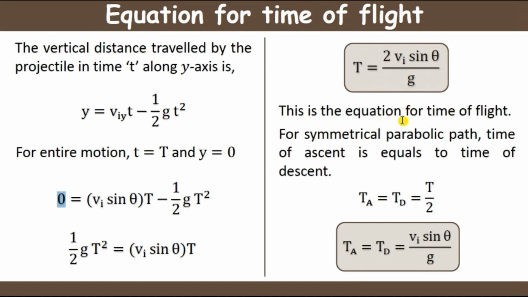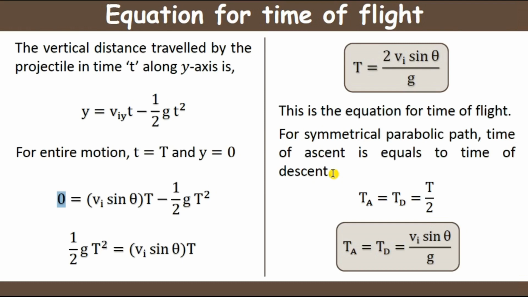Now this is the equation for time of flight. For a symmetrical parabolic path, the time of ascent is equal to the time of descent, that is, the time at which it is going to reach the maximum height and the time it takes to come from the maximum height down. Both of them should be equal to each other. So when you are trying to find either the time of ascent or the time of descent, then it should be half of the time of flight.